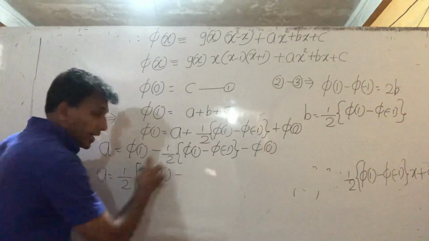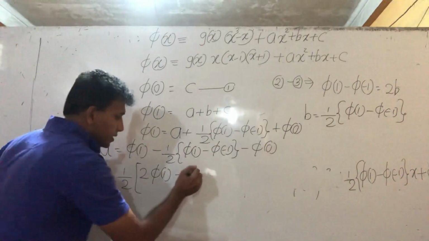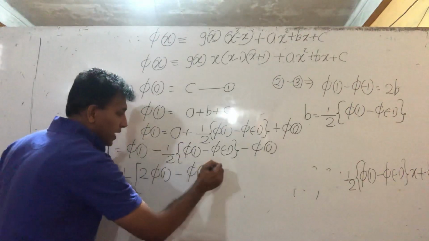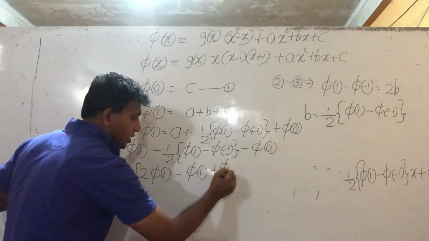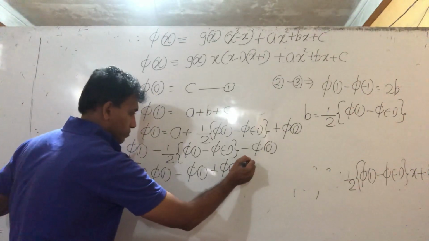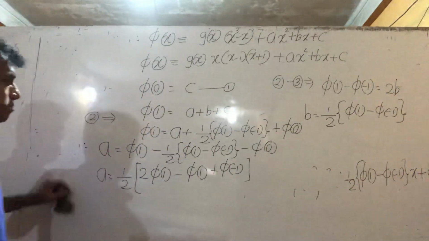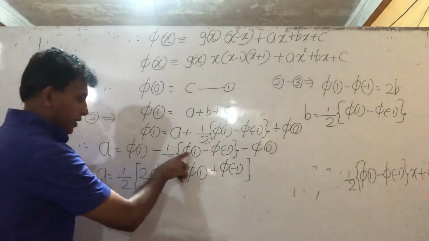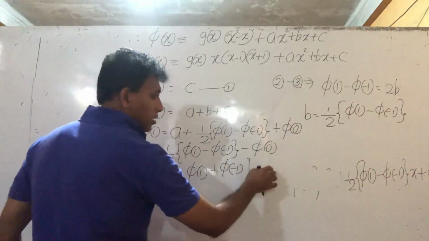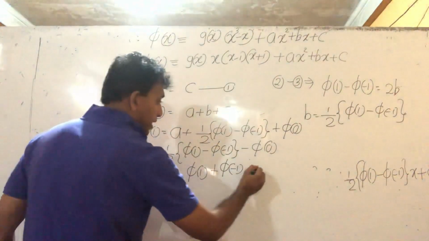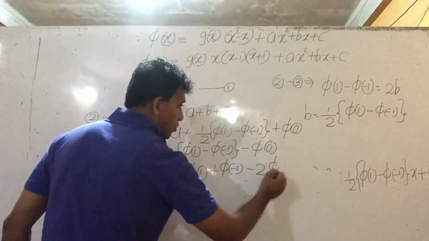Minus, the half taken out, multiply by minus phi of 1, minus minus plus phi of minus 1. Here I take the half out, then minus 2 times phi of naught.